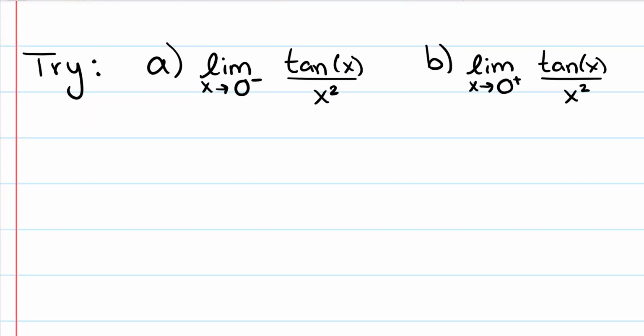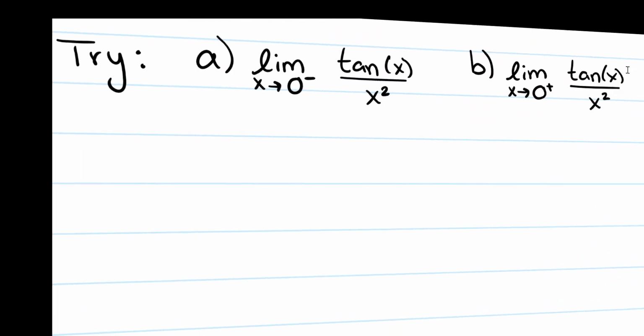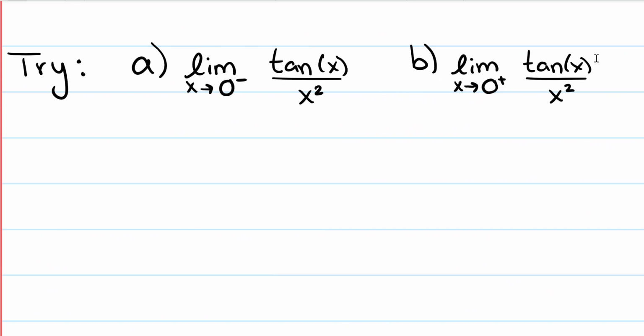On your own right now, I want you to try to determine the limit as x approaches 0 from the left and from the right of tan of x over x squared. So the first thing I recommend you do is look at the graph. However, before we look at the graph, we're going to try to solve this algebraically. So here we go. Let's start with the one from the left.